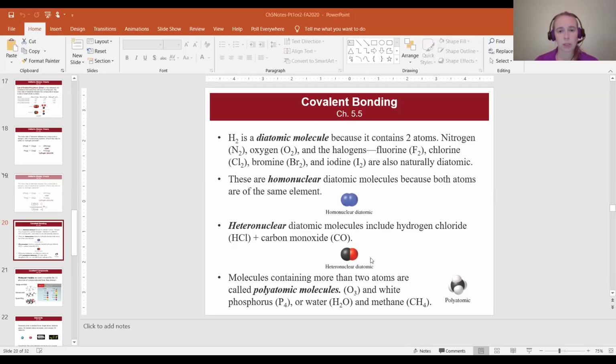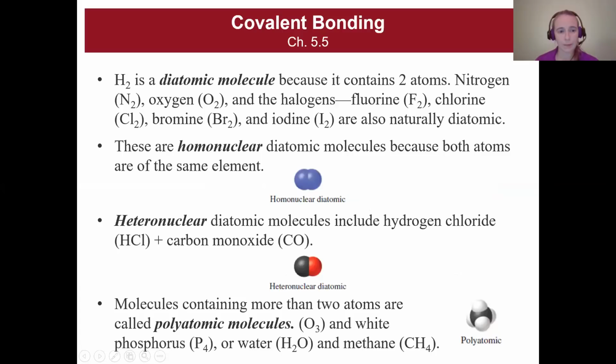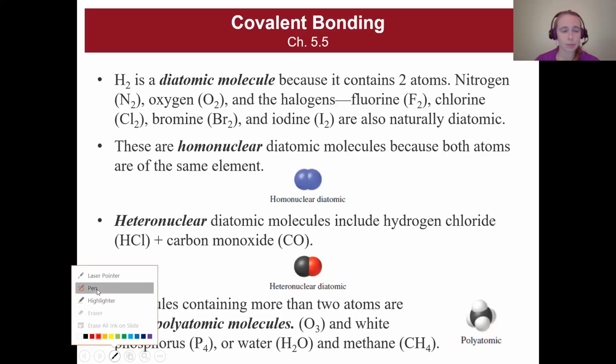So this is a little picture of, so I just realized that I'm not in full screen. Hold on. Sorry about that. For this slide, it didn't make too big of a difference.